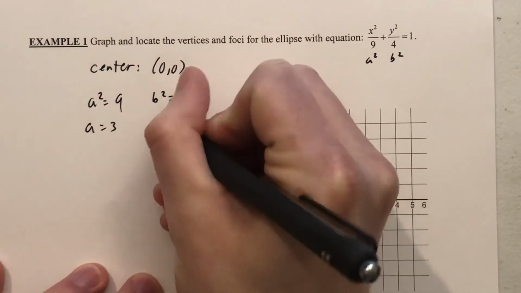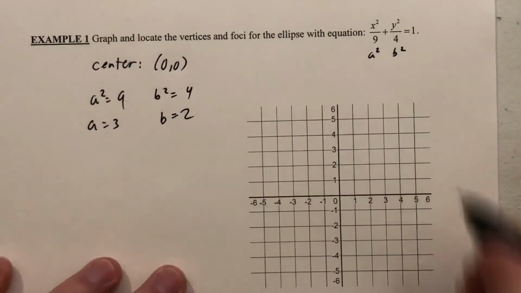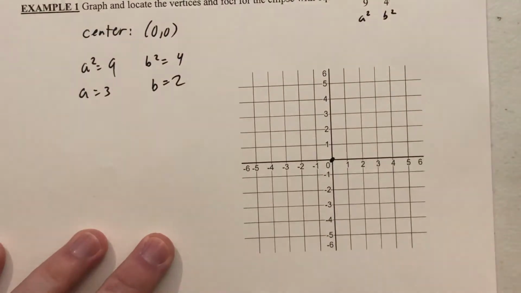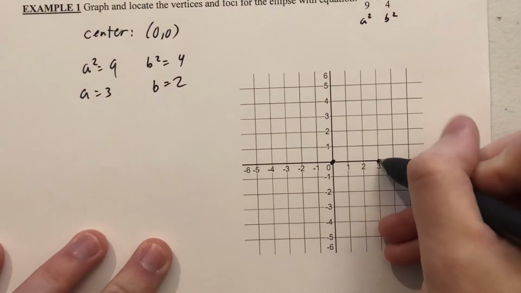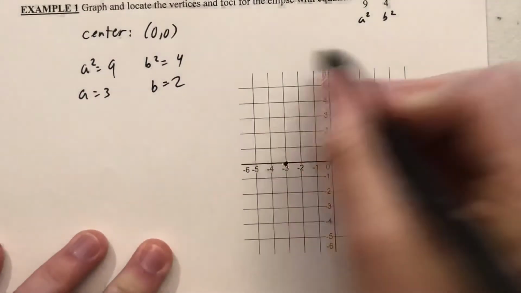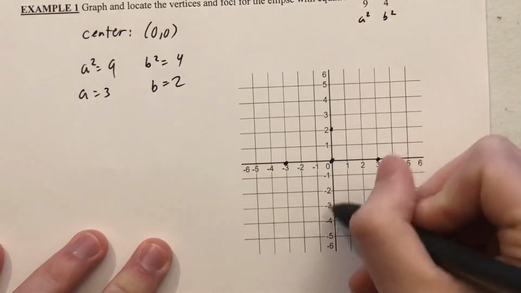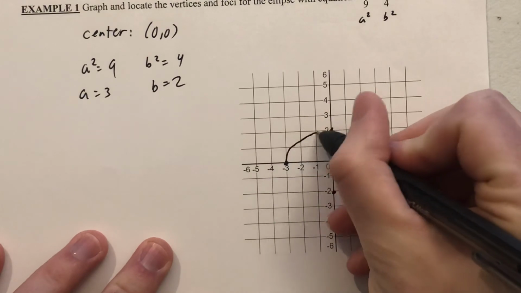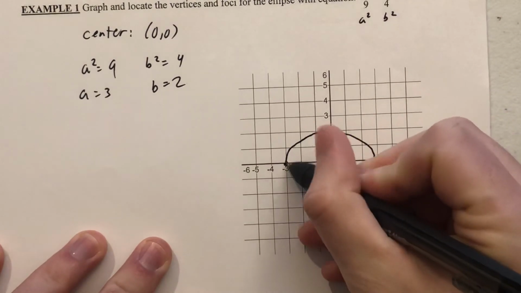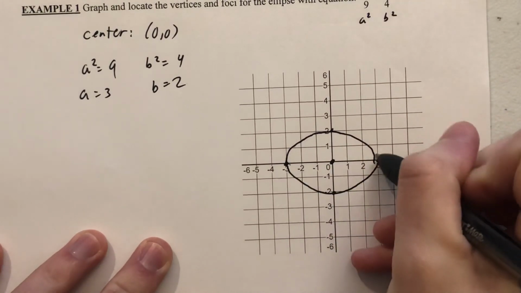And if b squared equals 4, then b equals 2. And so if we're centered here at 0, 0, a is the distance associated with x, so left and right 3. b is the distance associated with y, so up and down 2. And that's it. That's all we need to sketch the graph of our ellipse.